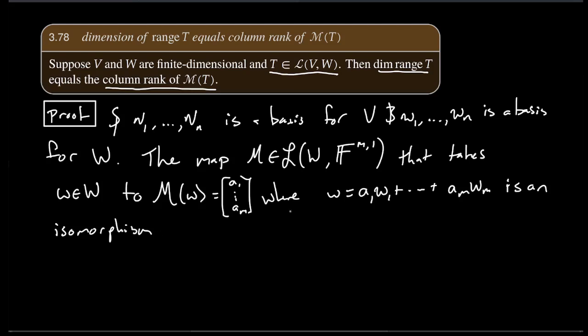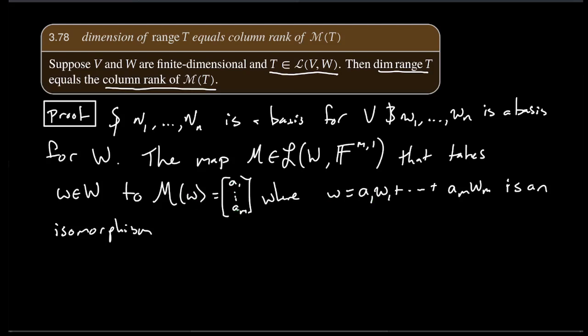Why? Well, think about the fact that w1 through wm is a basis. So there is one and only one way to write each w as a linear combination of w1 through wm. That is, these coefficients are unique. And since you could choose any coefficients you want and still get a w, this says that there are exactly as many w's as there are lists of coefficients a1 through am.